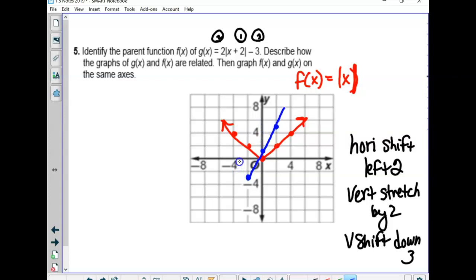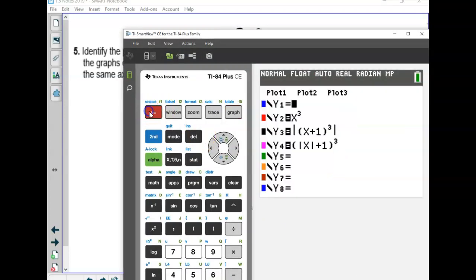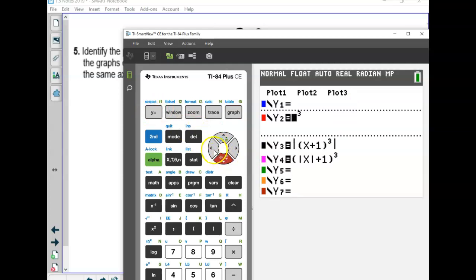And we will do this one on the calculator. So you just can see some ordered pairs. So the calculator, oh, I kind of don't want to erase those.